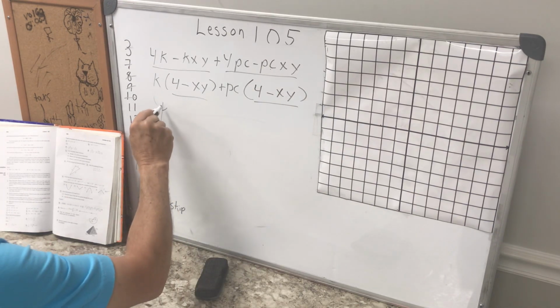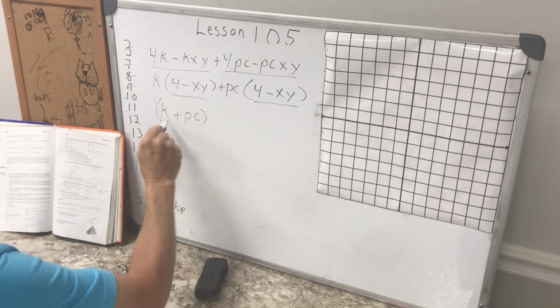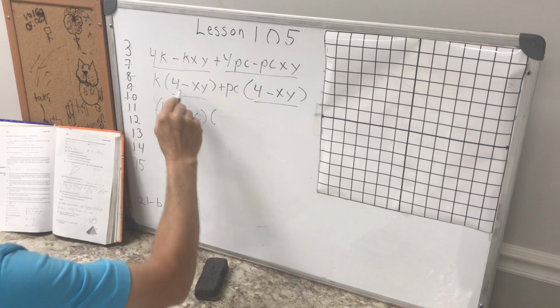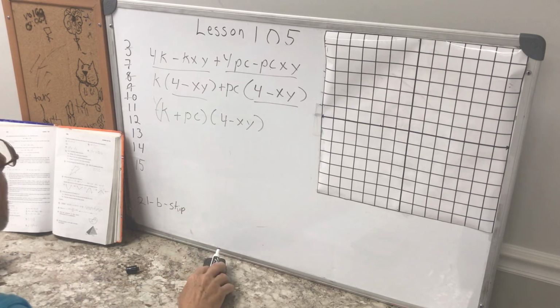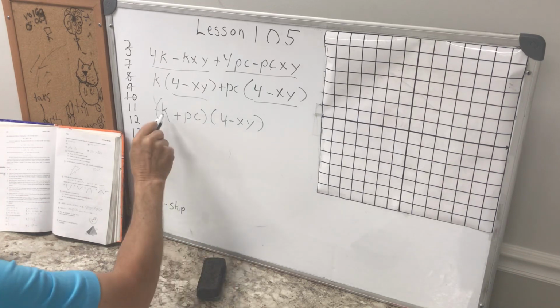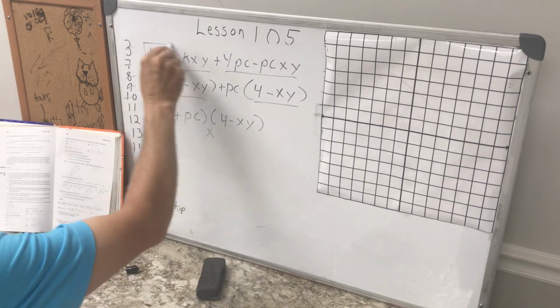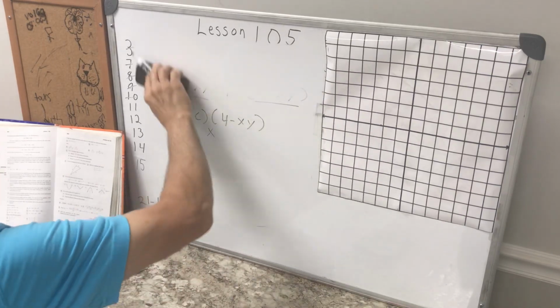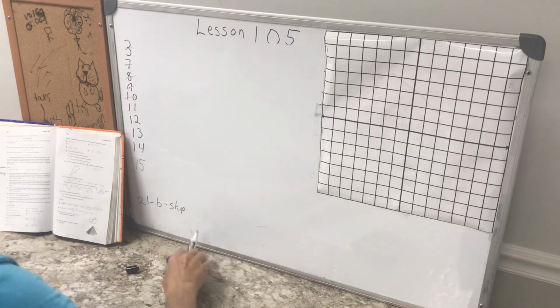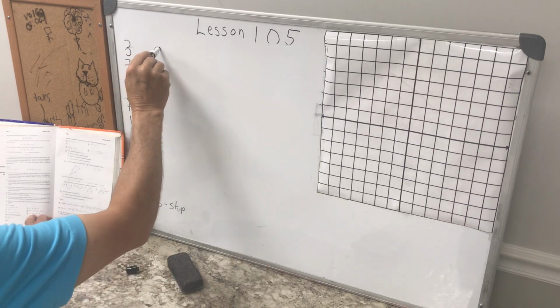The answer then is k plus pc with what's left inside the parentheses. And one more time, keep stressing this. If we multiply this back times this, we will end up with this original term. That was number 11.